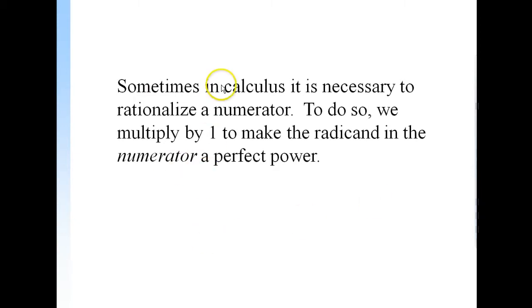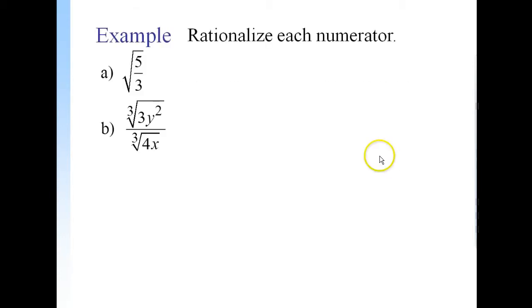Yeah, in calculus, those of you who are going to take it, sometimes they need to rationalize the numerator. So it's the very same process, except instead of the denominator, we want to rationalize the numerator. So let's take a look at it here. So this will be the square root of 5 over the square root of 3.